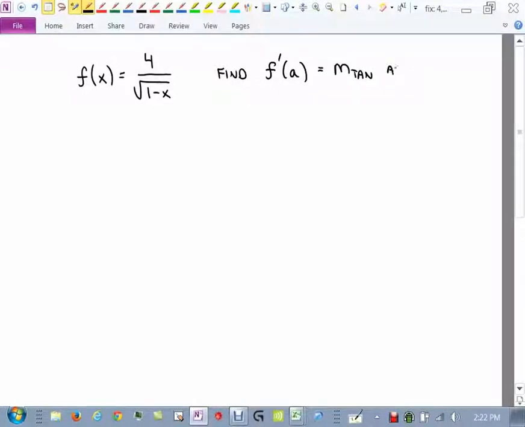So we can use two definitions to do this. I'm going to use the first definition, or the one that we've been using, limit, whoa, lost my drawing there. x approaches a, f of x minus f of a.